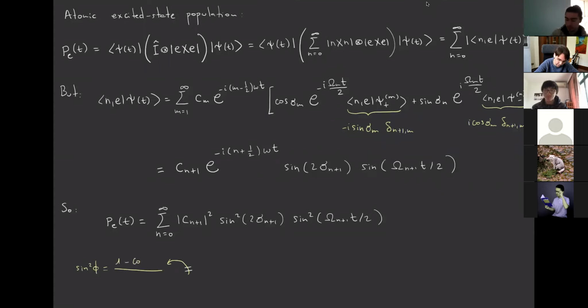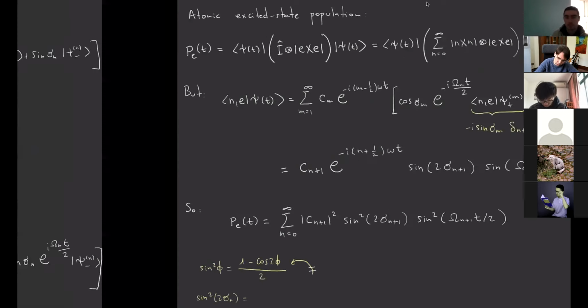So for any angle phi, the sine square is (1 minus the cosine of 2 phi) divided by 2. And the other expression I will use is one that I told you would be useful. That is that the sine square of 2θ_n is equal to just, so I show you better.